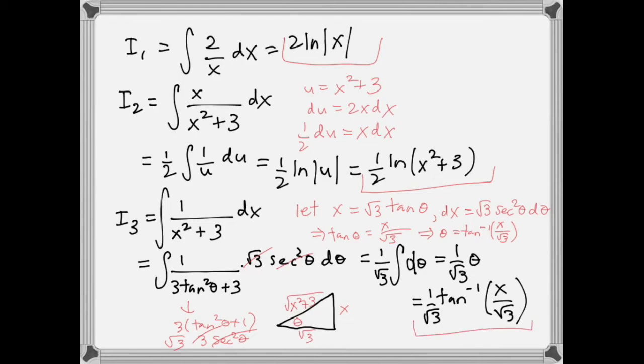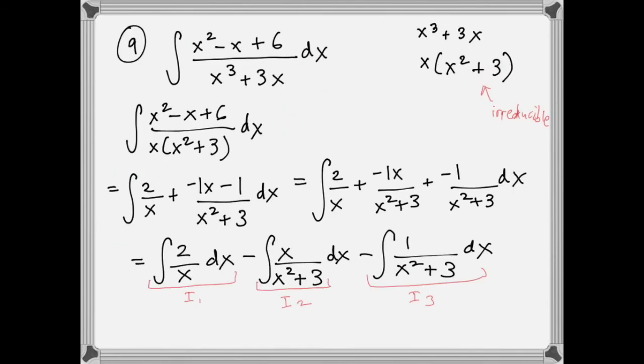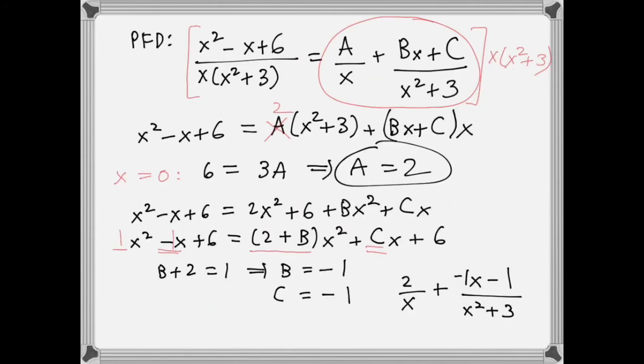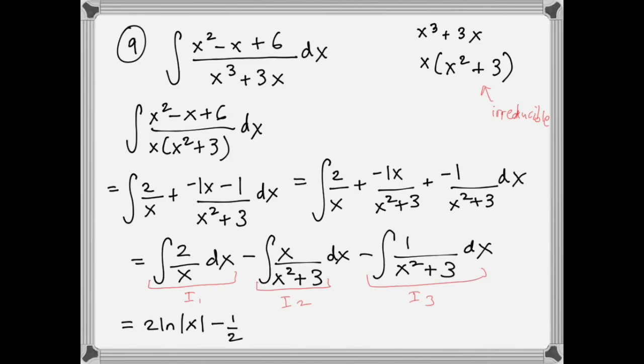So finally, we add all three of our answers together, right? We've got these three answers. Remember, it's I1 plus I2 plus I3, so our final answer here is 2 ln of the absolute value of x minus 1/2 ln of x squared plus 3 and then minus 1 over root 3 arctan of x over root 3.